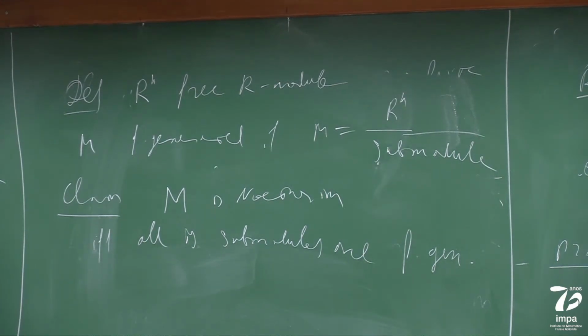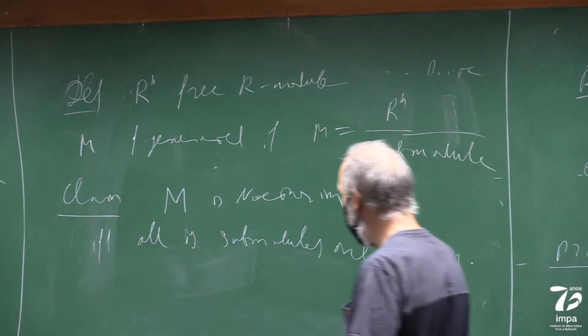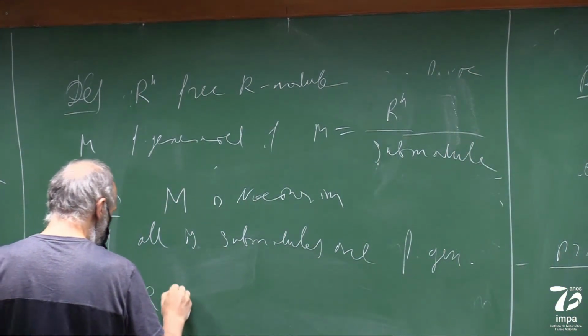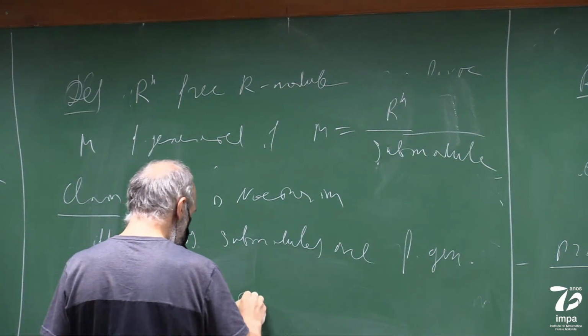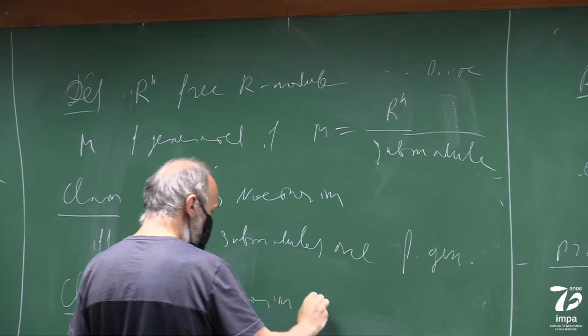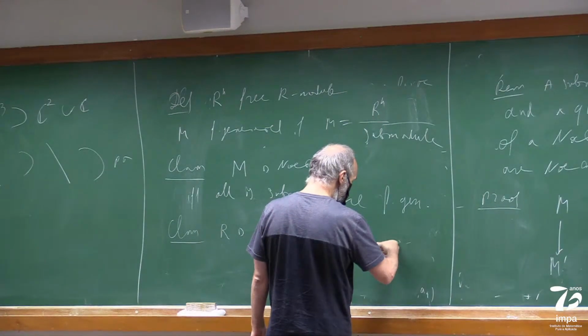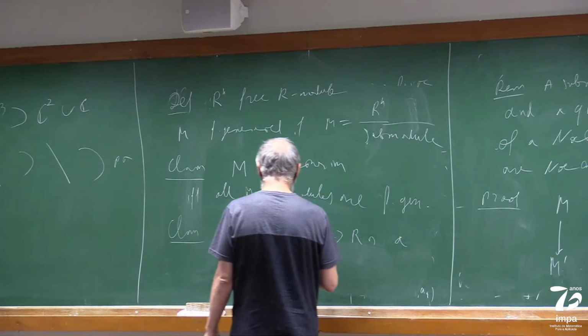Now, another observation, which is also trivial, is that R is Noetherian if and only if R is a Noetherian module over itself.